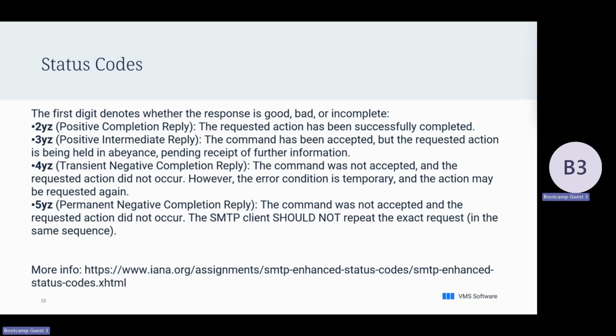A 300, a 400. If we see a 3 or a 4, I'm going to look at the message and see what it says because I'm looking for a 2. 2 makes me happy. A 5 also makes me happy, but in a sad way, because 5 means that we have a problem here. Houston, we have a problem. So now we look at the message associated with the 5 because it's going to tell us what the problem is.